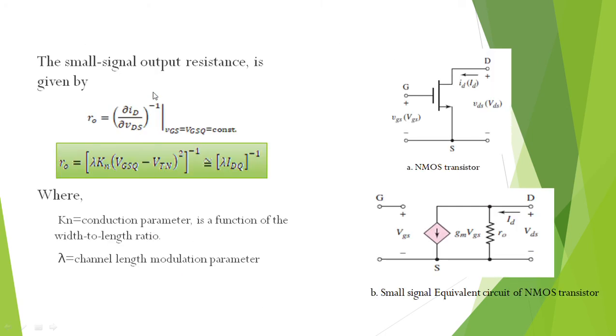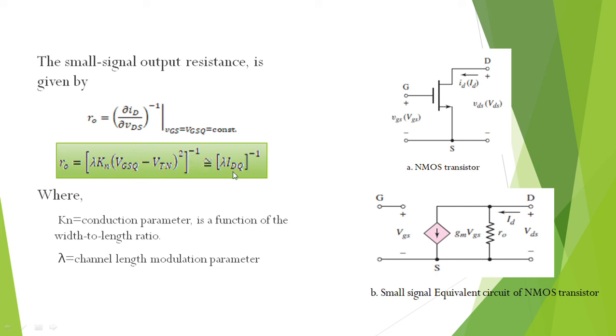Now we are going to see the next small signal parameter of a MOSFET, the output resistance r0, where r0 is given by the formula dou ID by dou VDS the whole inverse. If you substitute the value of ID, we get r0 equal to lambda Kn into VGSQ minus VTN the whole square, the whole inverse.